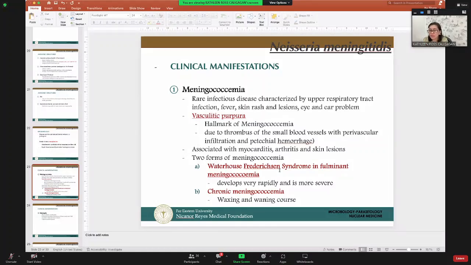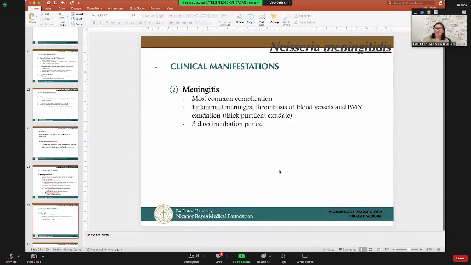This is due to the thrombus of the small blood vessels with perivascular infiltration and petechial hemorrhage. This may also lead to myocarditis, arthritis, and skin lesions. There are two forms, the Waterhouse-Friderichsen syndrome in fulminant meningococcemia, which develops rapidly and is more severe. And the other one is chronic meningococcemia with waxing and waning course.